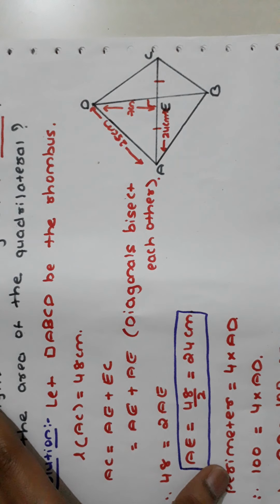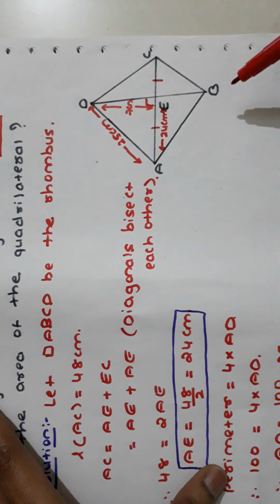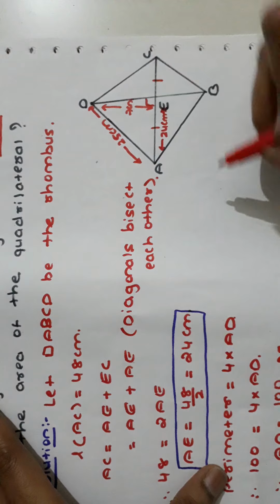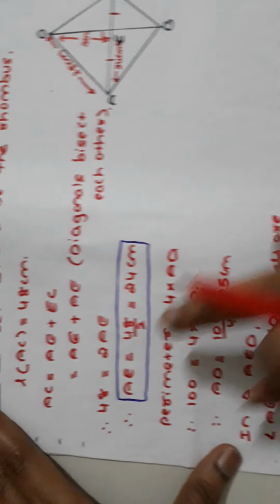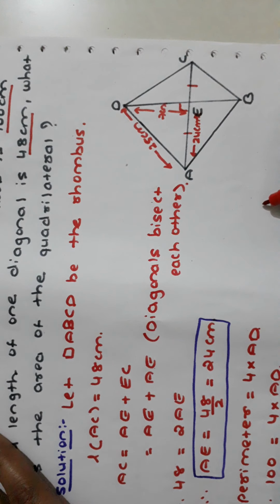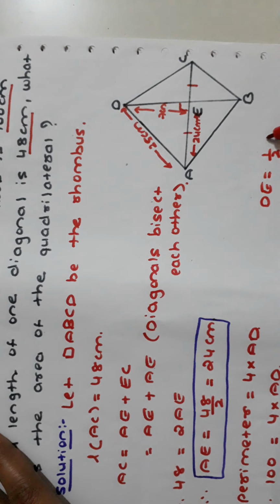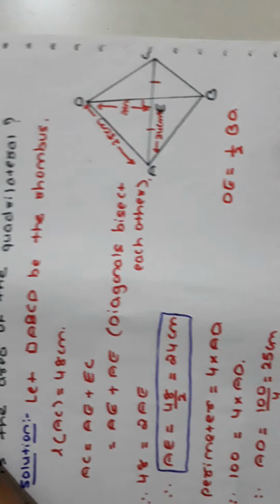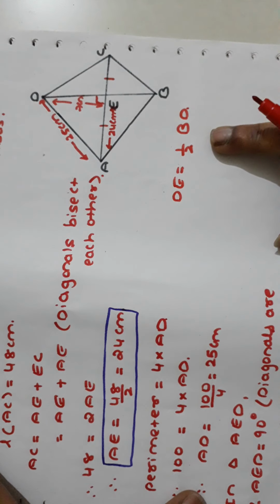But we know that the diagonals of the rhombus bisect each other. So by using the same step, we can say that DE is half of BD. The reason is diagonals bisect each other.